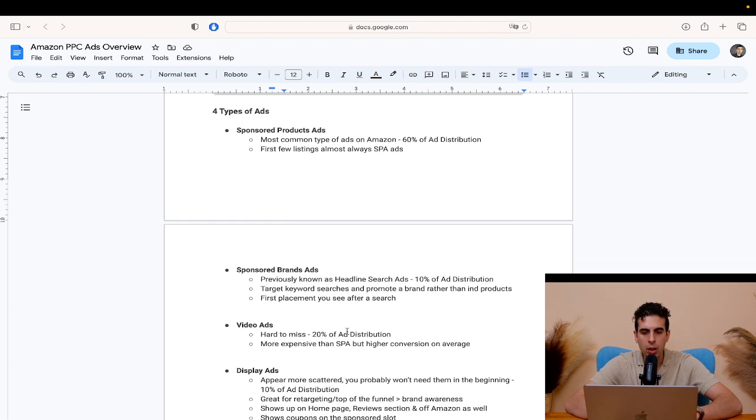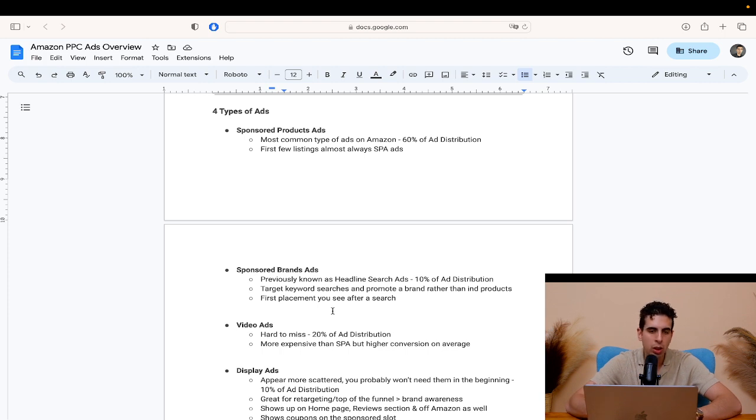Okay. Then we talk about the third one, which is video ads. This can be a game changer, because video ads, they're really hard to miss. There used to be a time where Amazon would only allow like one video ad, and even at that time, we really emphasized the importance of video ads because it was just one video that was showing up on the search page.